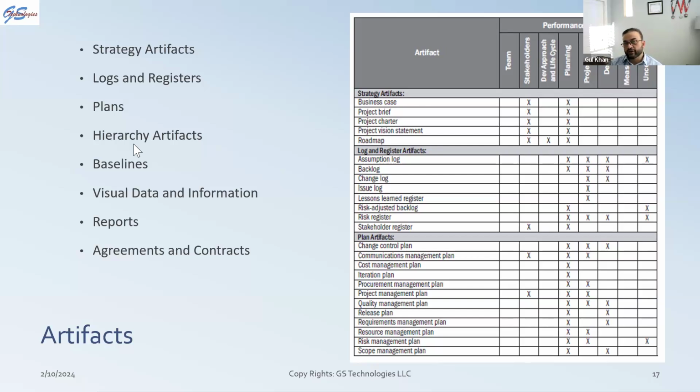That's also one of the artifacts that you have. You have the overall roadmap that you have defined, and then you have different types of logs. That could be lessons learned, risks and issues, assumption log, backlog of the product. Then you have all the different types of plan artifacts that you need.